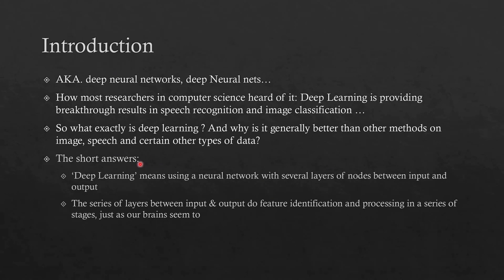So in short, deep learning means using a neural network with several layers of nodes between input and output, doing feature identification and processing in a series of stages, just as our brain seems to do.